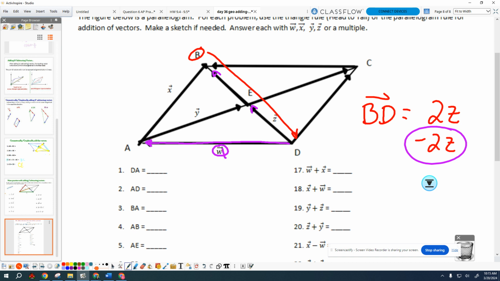I don't understand from B to D. How is it negative? Okay, positive W, positive Z. You guys look at the positives, it goes that way. Going from B to D.